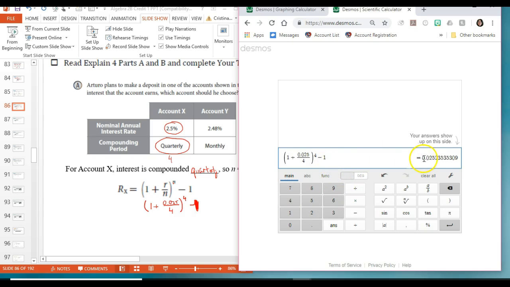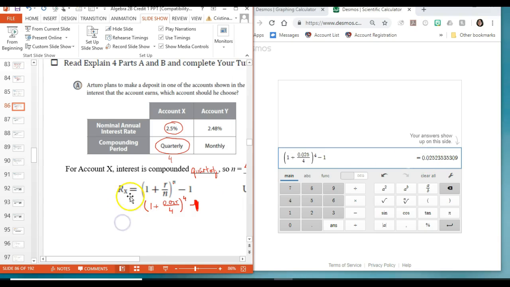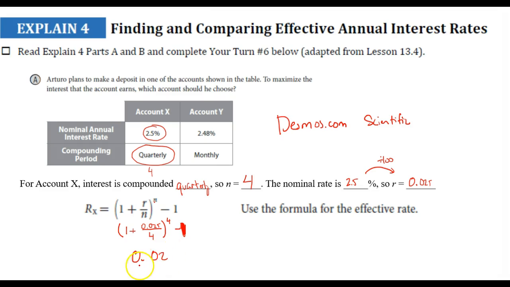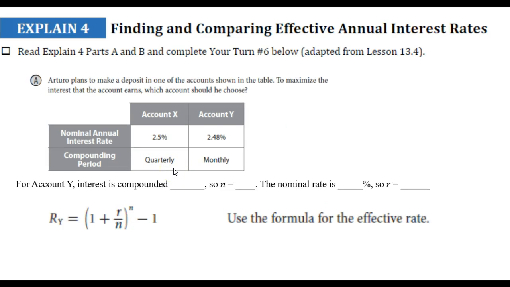That yields about 0.02523. That's my effective rate.